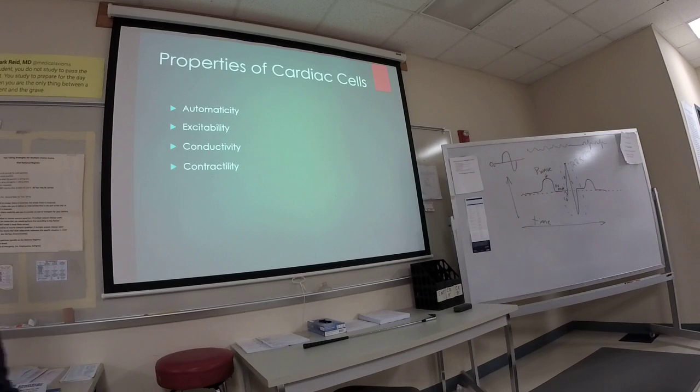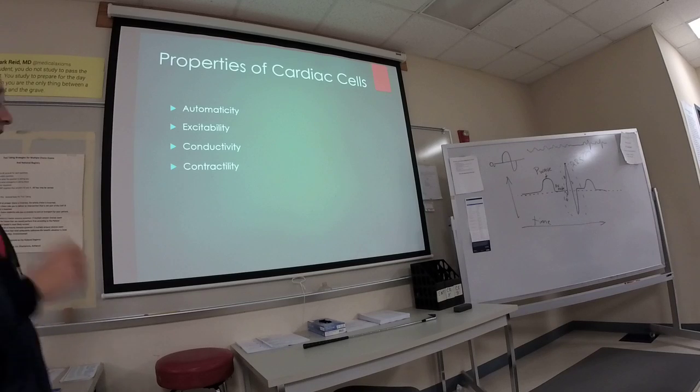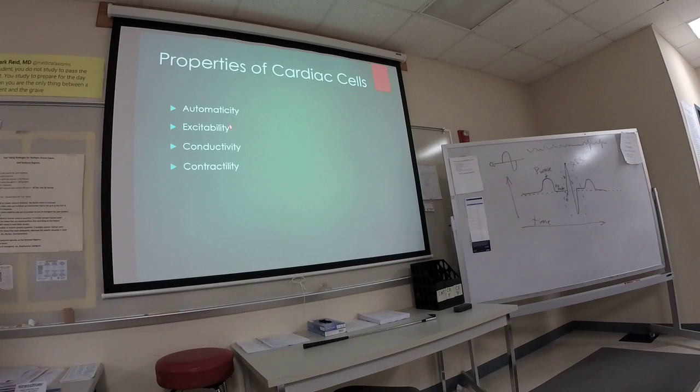Remember, automaticity, it doesn't require any outside stimulus. The next one is excitability. It generates its own action potential. In order to contract, it conducts and then it contracts. So these are the properties of the cardiac cell: automaticity, excitability, conductivity, and then contractility. All right. Good?